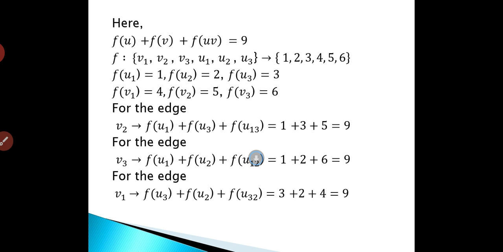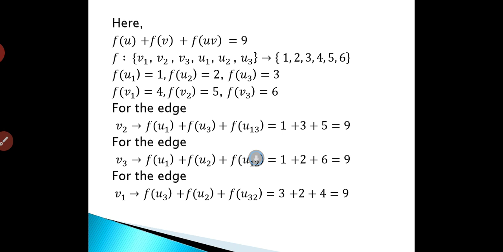These are vertices. Now, edges: f(v1) equals 4, f(v2) equals 5, f(v3) equals 6. Now, we see the condition.